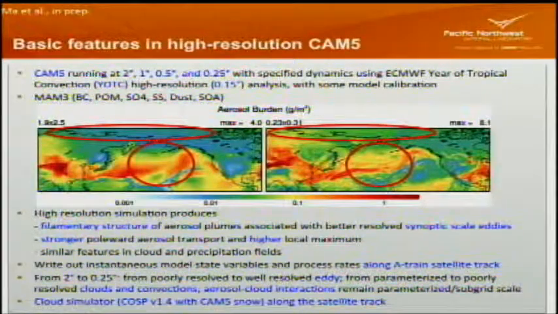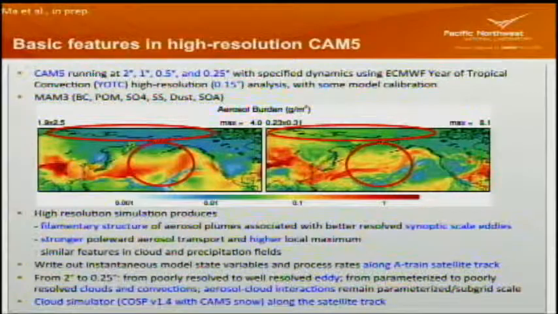Two weeks ago, we had a visitor to PNNL, Kerry Emanuel, and he made a comment I thought was really good, so I wrote it down here. He said, from 5 degree to quarter degree resolution, what's really happening is that we are going from poorly resolved to well resolved eddies, and we are going from parameterized to poorly resolved clouds and convection.